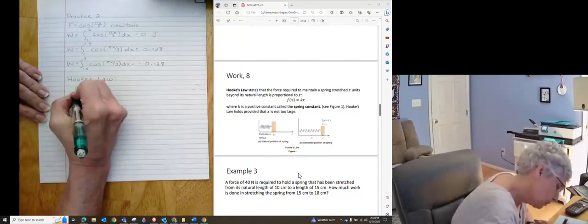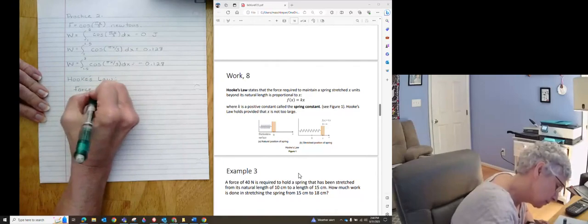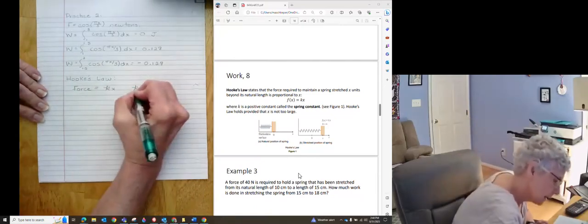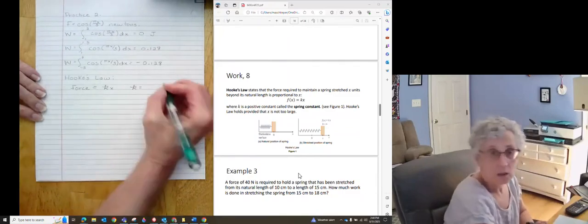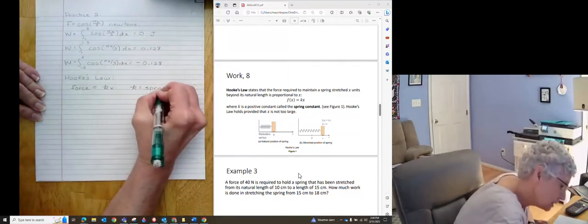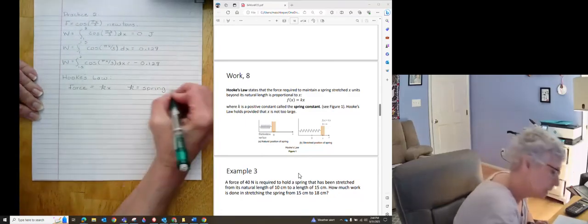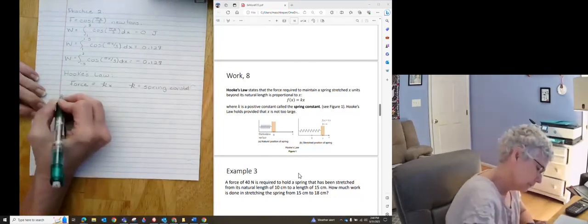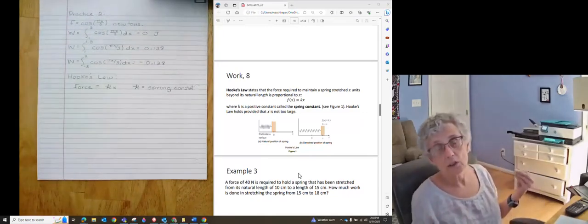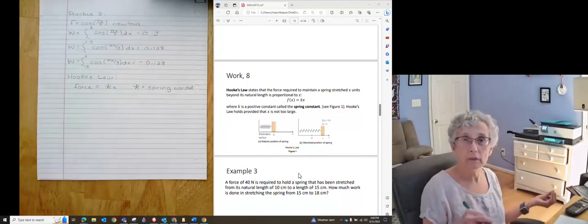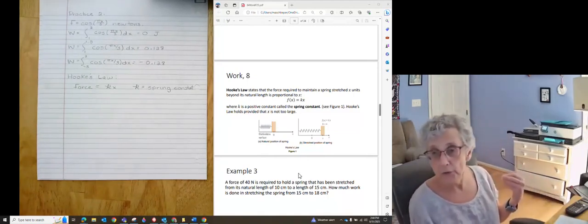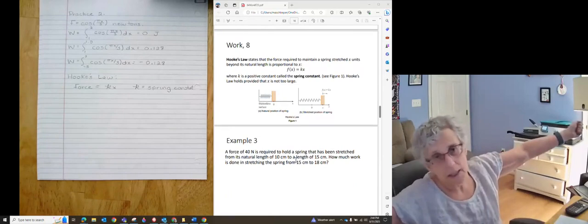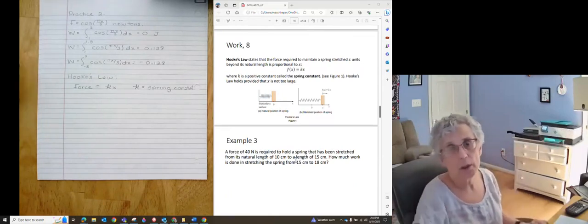So force is equal to k times x. k is called your force constant or spring constant. It depends upon how heavy duty the spring is. So if you're given the force, you can figure out your spring constant. If you're given the spring constant, you can figure out the force. As long as you don't go too far and stretch that spring so much that you've destroyed it.